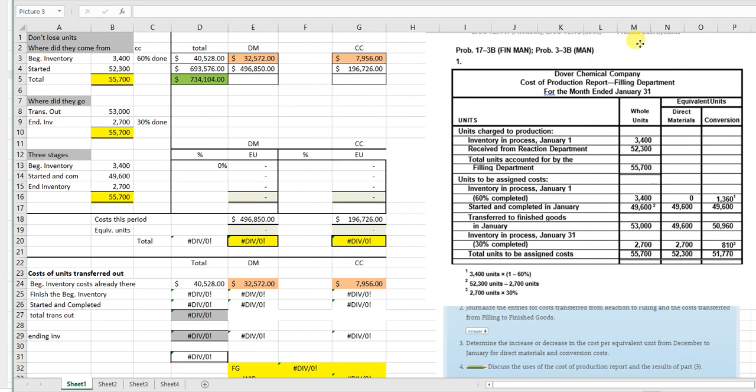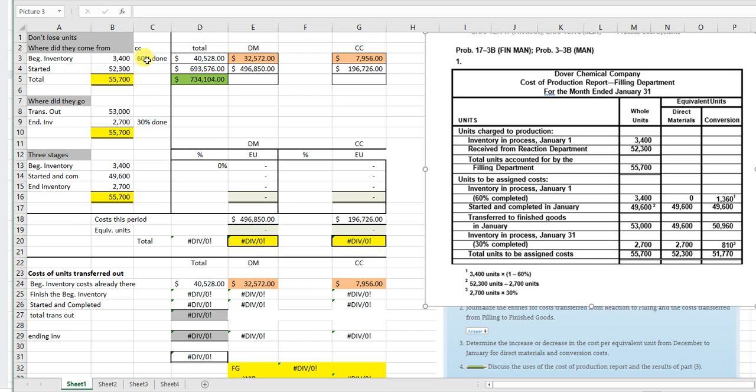Okay, so now we know that our beginning inventory was 3,400 units, but now I have to say, okay, how many of those did I add? I call it direct materials, but in this case, since they're transferred in from another department, how many of those were transferred in this period? And the answer is I added 0 materials to it because they were already started and they transfer in at the beginning of the period.